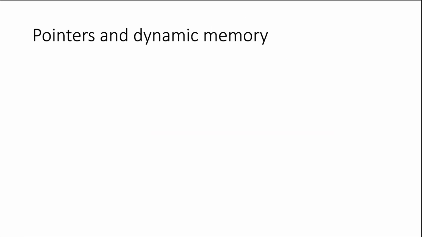So we have understood the different types of program data and the program memory. Now coming to pointers and dynamic memory. Of course, most of the things are repeating, but still, you can hope that there will be something new.